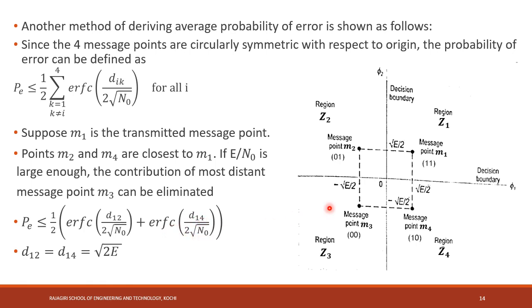Here d14 is the distance between the message points M1 and M4. So the Euclidean distance between the points M1, M2, or the points M1 and M4, will be the same. It will be equal to root E by 2 plus root E by 2, which is equal to root 2 into E.